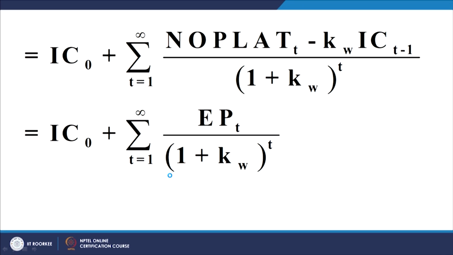So, the final formula that we end up with is the last equation on this slide, which is IC 0, which is the book value of invested capital at t equal to 0, plus the discounted present value of the economic profit over the remaining life of the firm, the discounting being done at the post tax WACC.